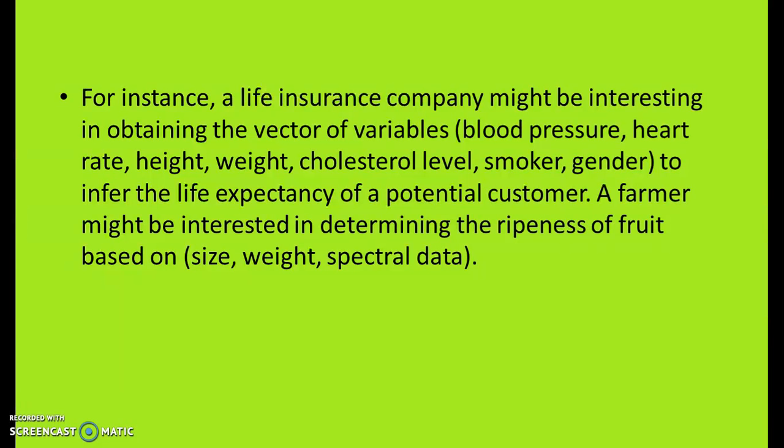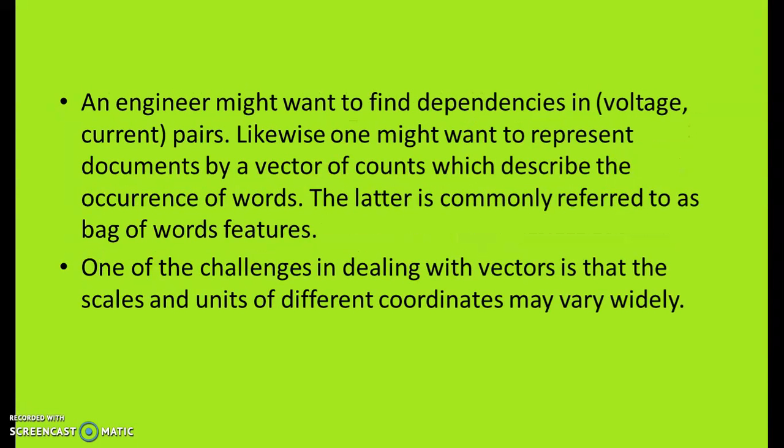So these are two instances where we might have to use past data and analysis. An engineer might want to find dependencies in voltage, current, pace. Likewise, one might want to represent documents by a vector of counts which describe the occurrence of words. The latter is commonly referred to as the bag of words features.